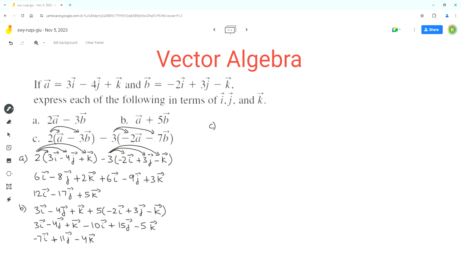So in the first part, we'll multiply 2 by vector A and then 2 by negative 3. Now we'll do the same for negative 3. So negative 3 times negative 2 is positive 6. And then negative 3 times negative 7 is positive 21.